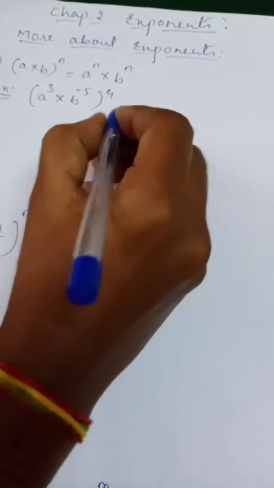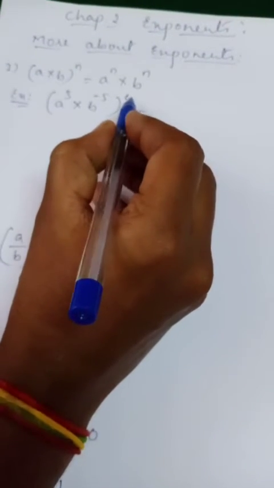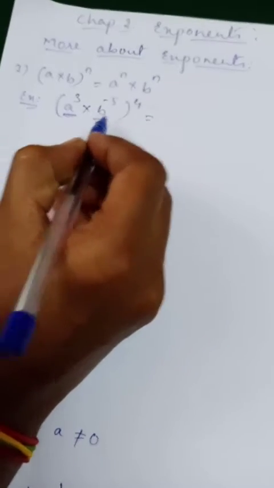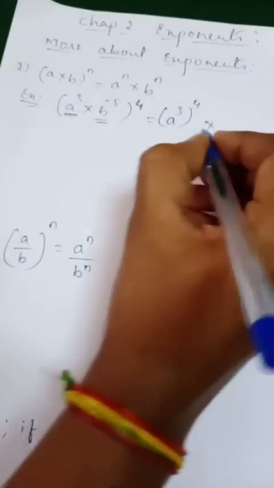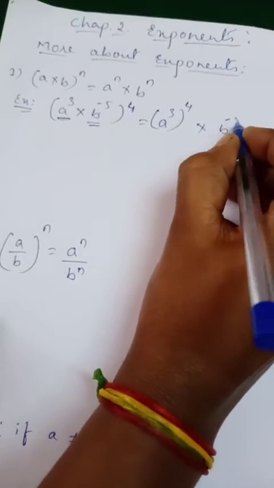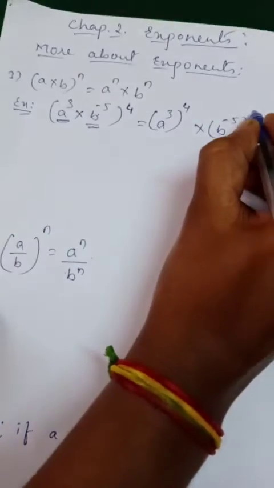You can write it as: the power 4 you have to apply to each term, that is (a^3)^4 into (b^-5)^4.